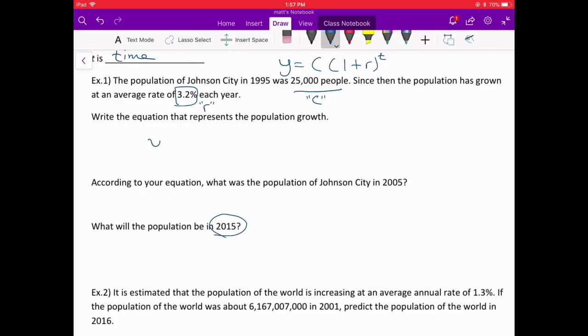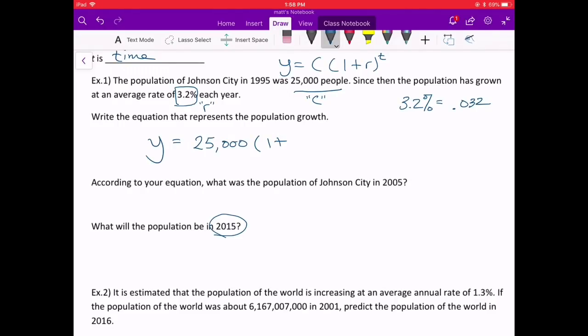All right, so the population that I'm looking for is Y. So whatever I plug in for my T value, that'll come back out and give me a Y value, our population. But we know that our C, or our initial population, was 25,000. And then 1 plus, because we're increasing, so that plus is for increase, the rate. So 3.2% is the equivalent of 0.032 as a decimal.